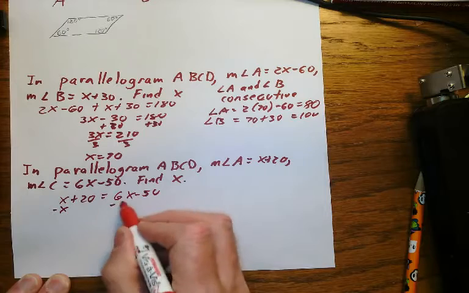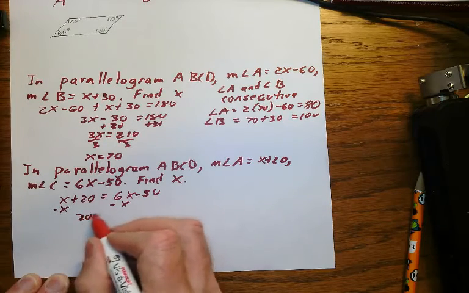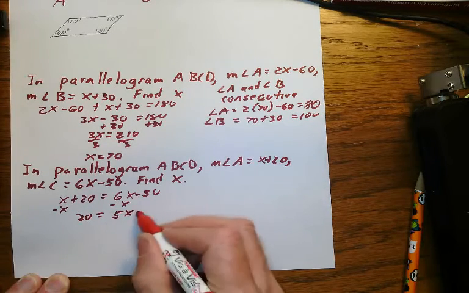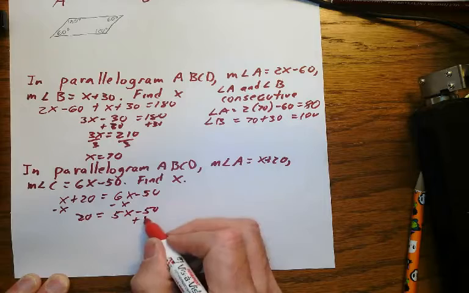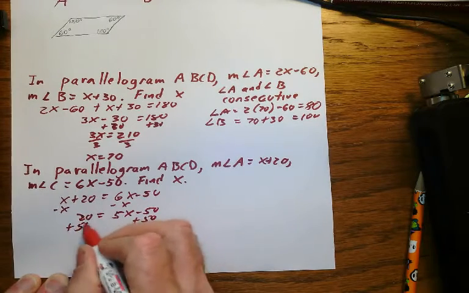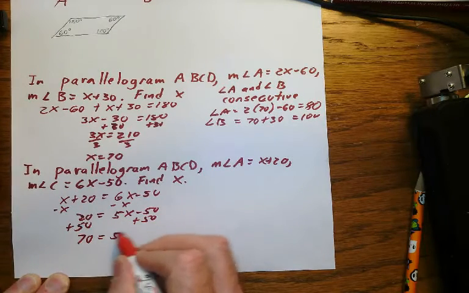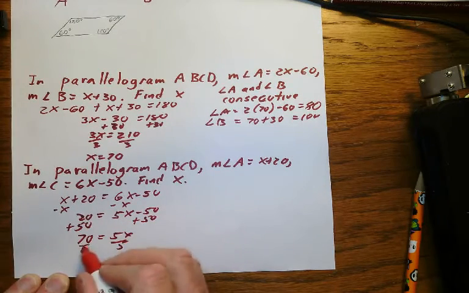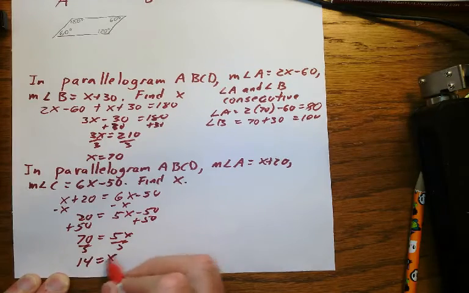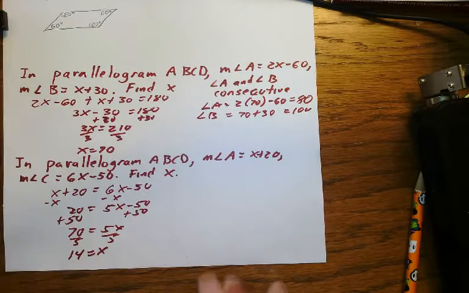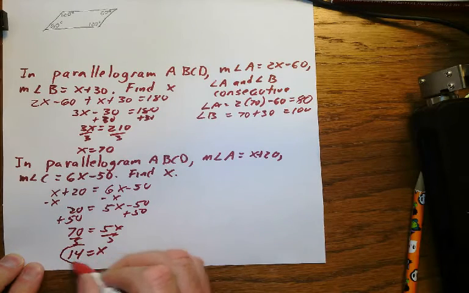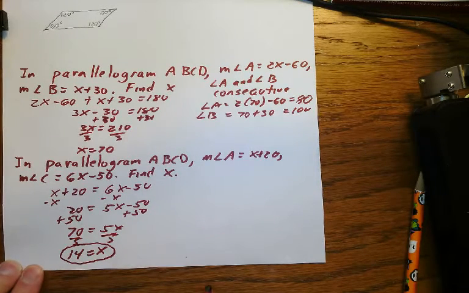And let's solve this problem now. 20 is equal to 5x minus 50. Let's add 50. 70 is 5x. Divide by 5. 14 is equal to x. Okay? That finds x. We're done. There's our answer. X equals 14. Circle my answer.